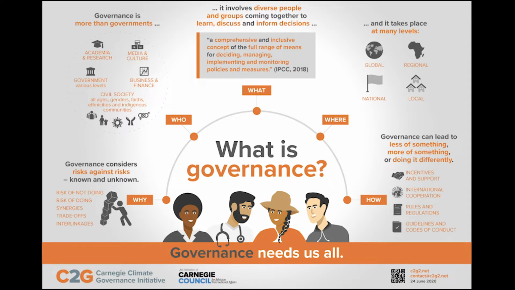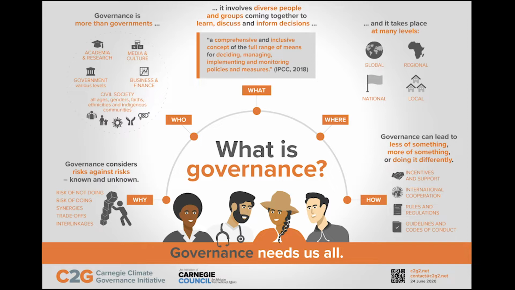The IPCC, in its 2018 special report on 1.5 degrees global warming, called it a comprehensive and inclusive concept of the full range of means for deciding, managing, implementing, and monitoring policies and measures. It can take place at lots of levels, from the global to the local. It considers risks against risks: the risks of doing something, the risks of not doing something, what synergies there may be with goals you have, what trade-offs, what interlinkages. And it can have lots of different outcomes.